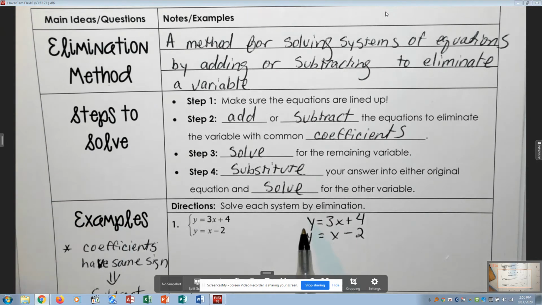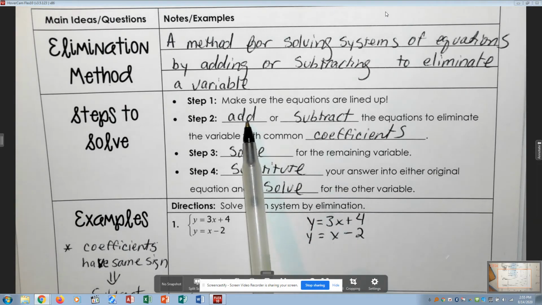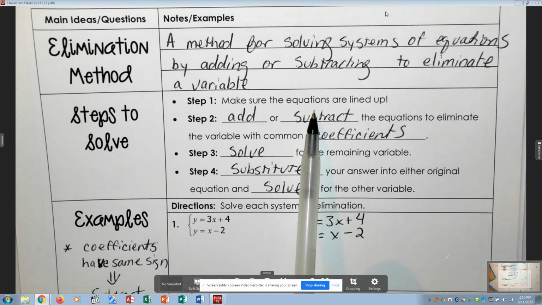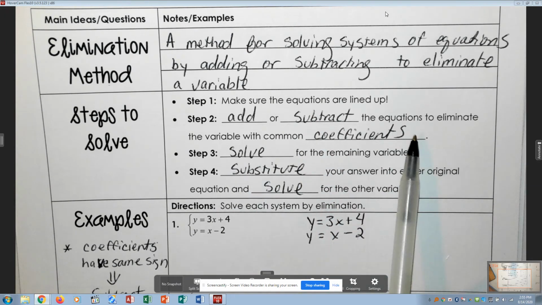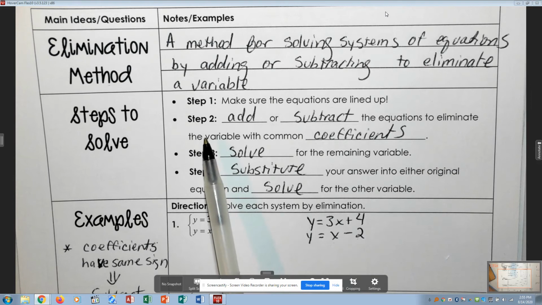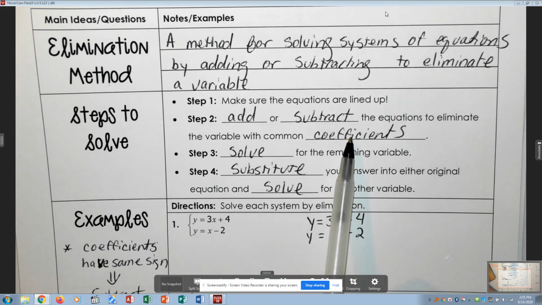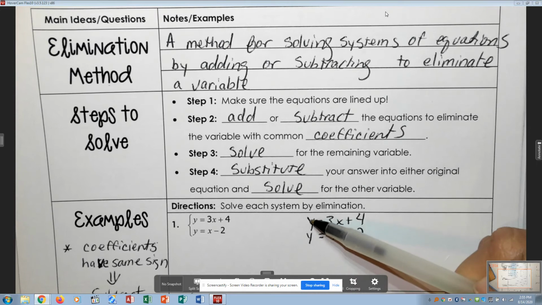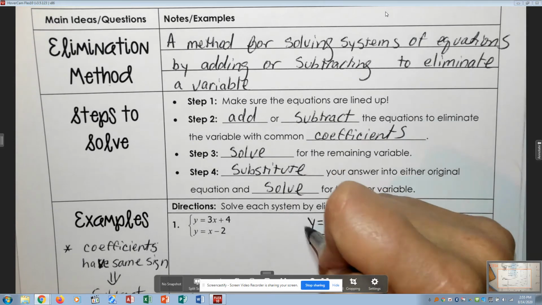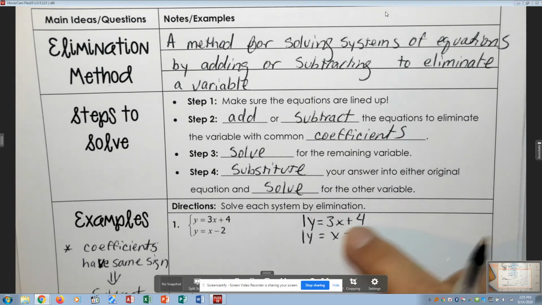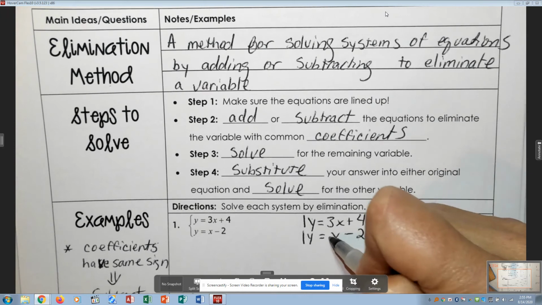Once you do that, you either add or subtract the equations, and the goal is to eliminate the variable with the common coefficients. Notice how these coefficients of y are 1, and these coefficients of x are 3 and 1.